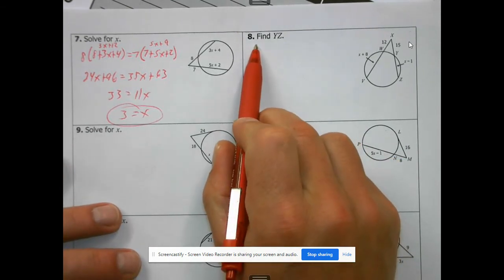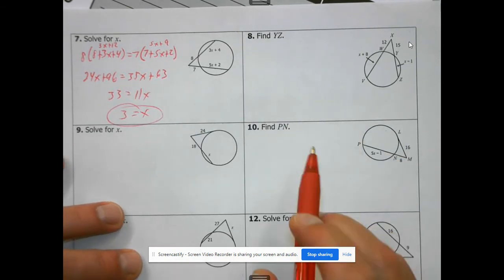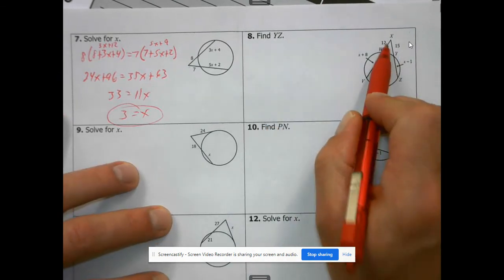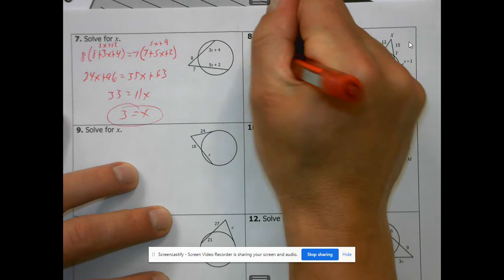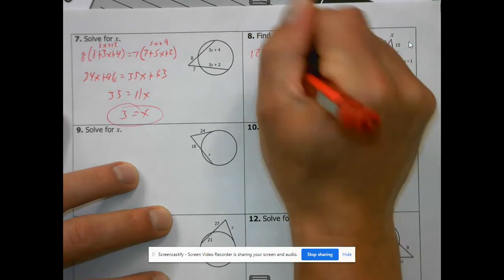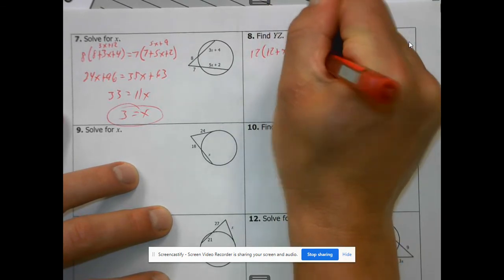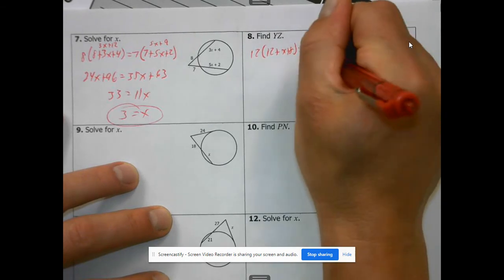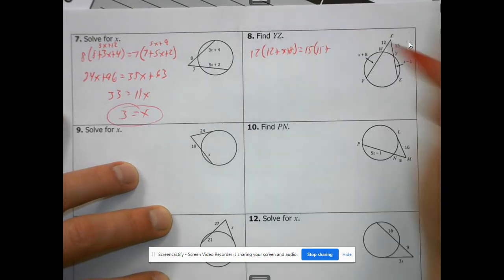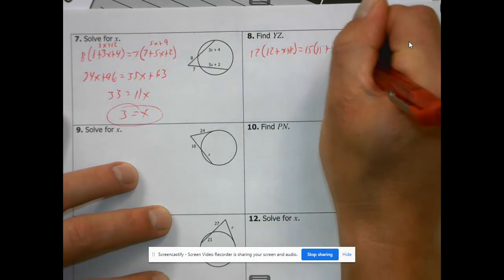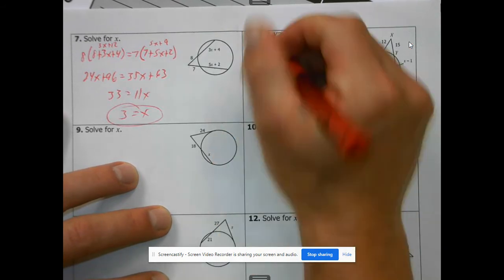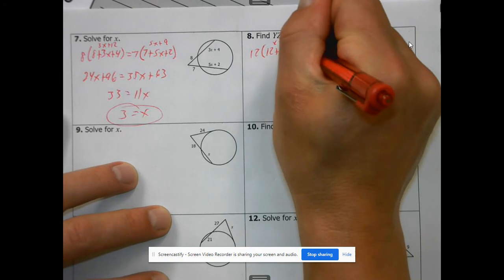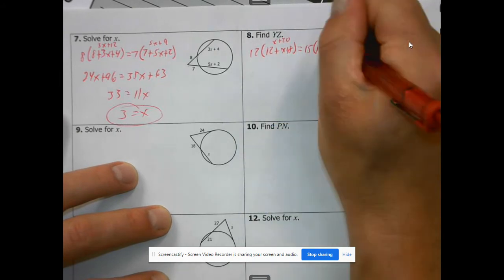Number 8, same exact thing. Nothing different. 7 and 8, same thing. 12 times this stuff, 12 plus x plus 8, equals 15 times 15 plus x minus 1. Combine like terms in here. That gives me x plus 20. Combine like terms here, it's x plus 14.